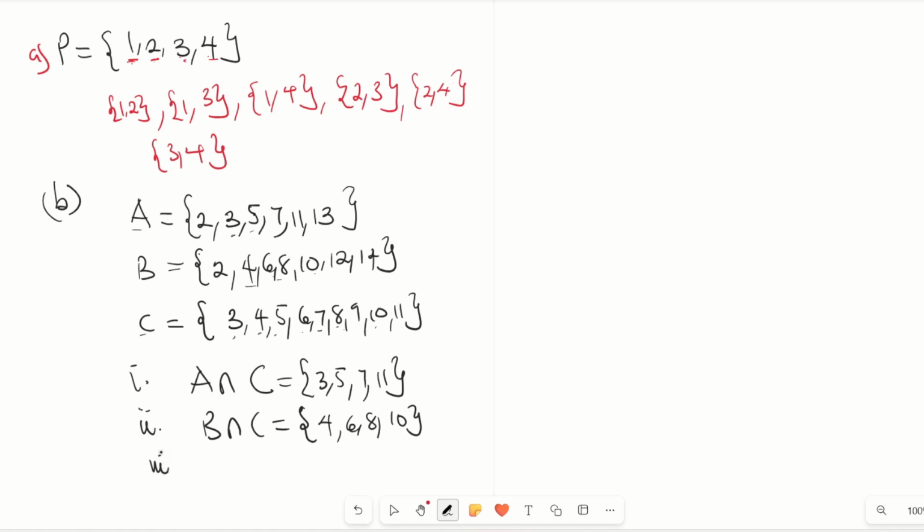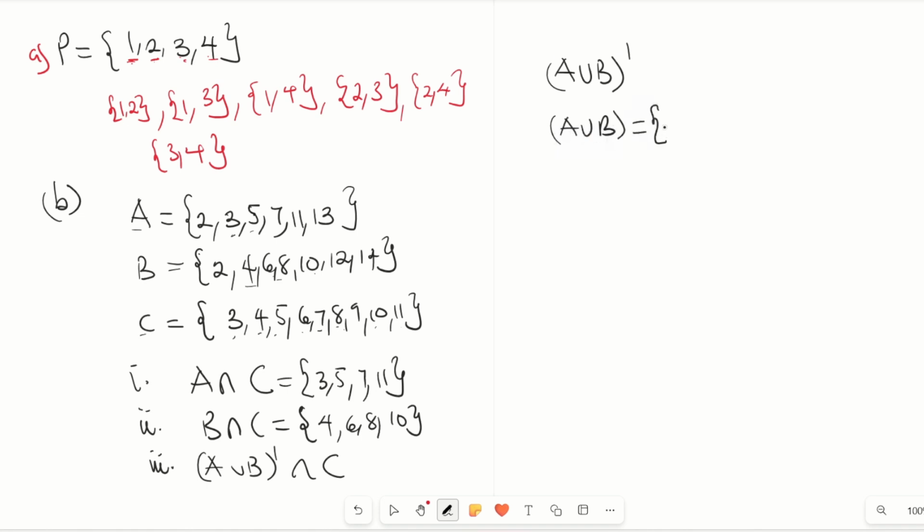And then we are supposed to list the element of A union B complement intersection C. Right, so for this, we need to consider A union B all complement. And when we talk about A union B complement, first we need to know A union B. So what is A union B?